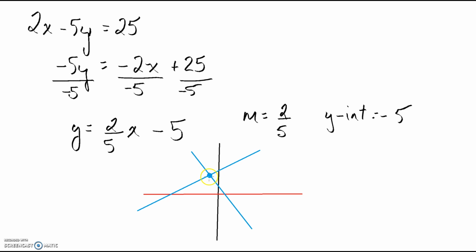This point is the only point, x, y, that satisfies both equations. So where they cross is the solution to the system of linear equations.